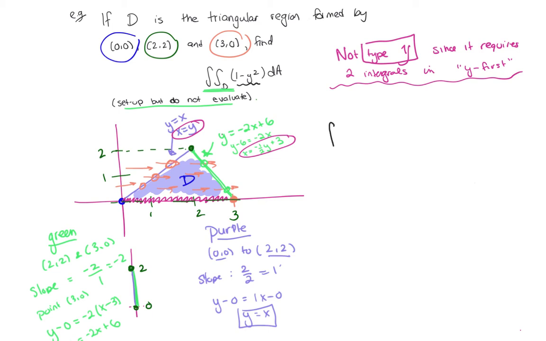So I'm going to have to use two different integrals here. Both of them will be y first. Let's go ahead and do that setup. I'm just going to write the second one on the next line here so that we have space. And both of them will still have that function 1 minus y squared in there. Now, what are those two integrals going to be?